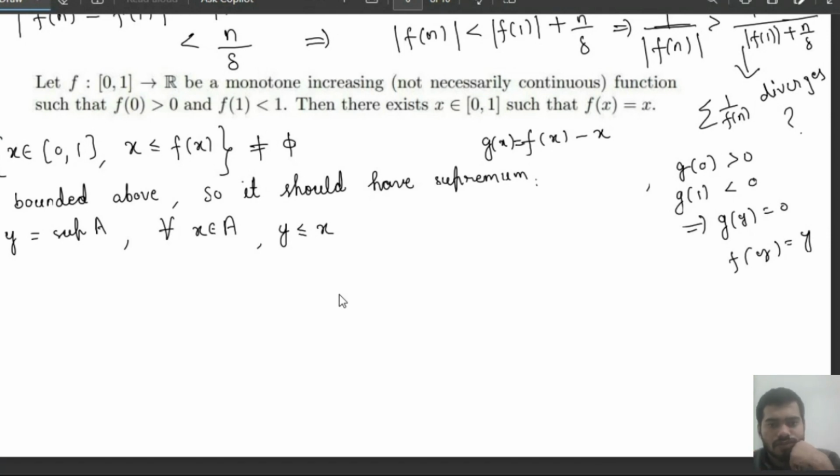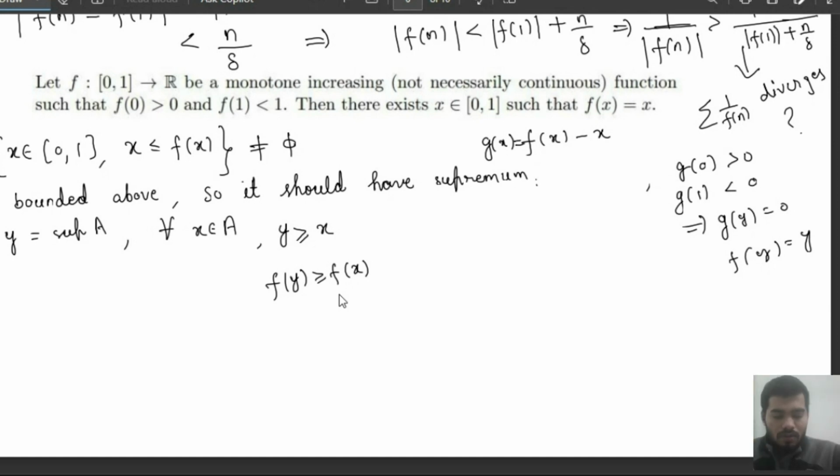Sorry, greater than or equal to x, the other way around, right? Also, it is given that f is monotonically increasing. So can I write it will imply f(bi) is greater than or equal to f(x)? Yes, sir. Okay.